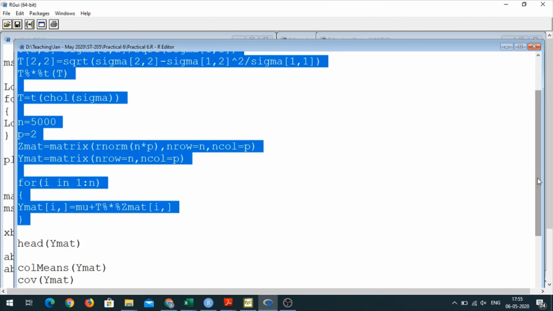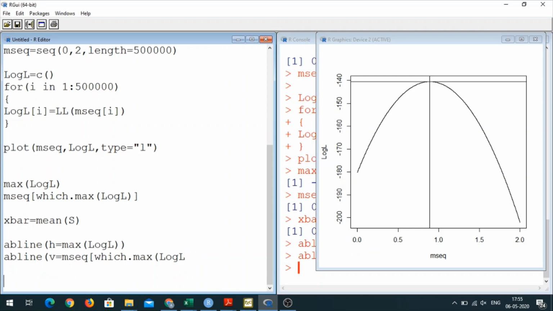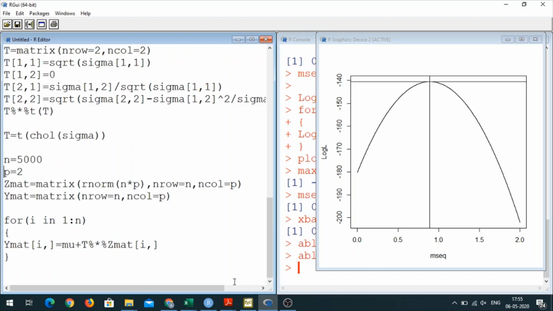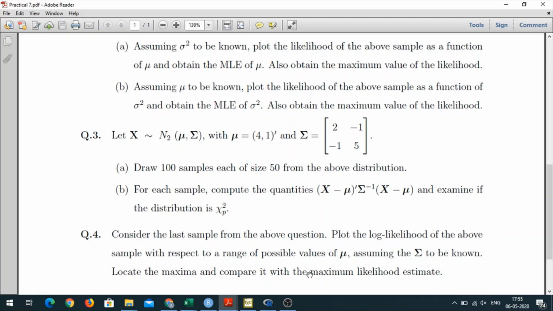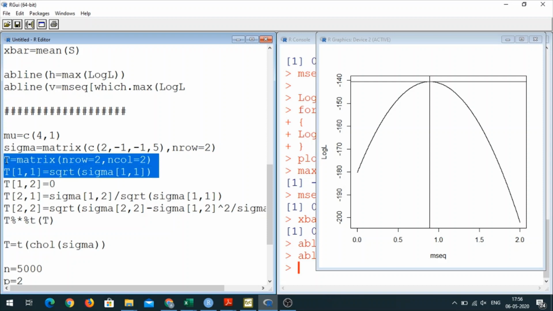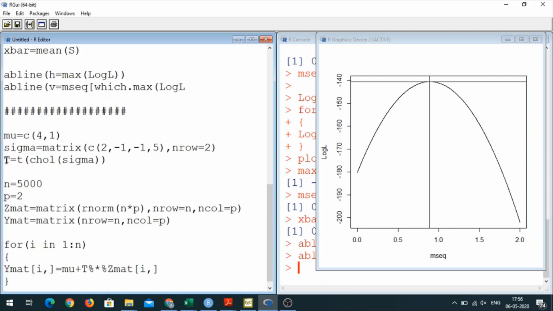I don't need all these things, I just need the data matrix. My mu is supposed to be 4, 1. I think I've used the same sigma, 2, minus 1, minus 1, 5. Yes. I don't need to construct the T matrix manually. I can use the Cholesky decomposition matrix.